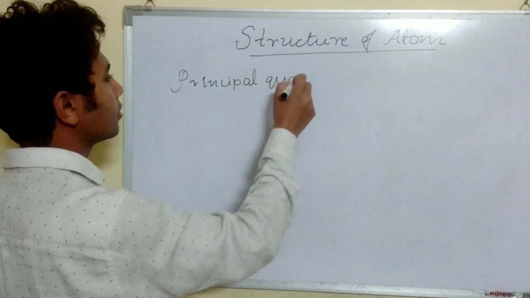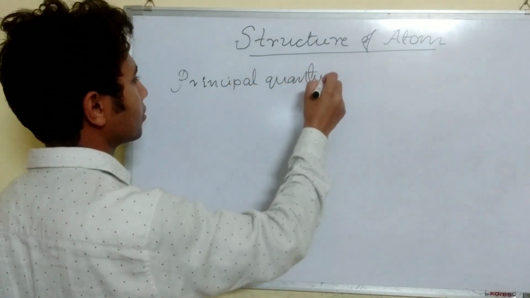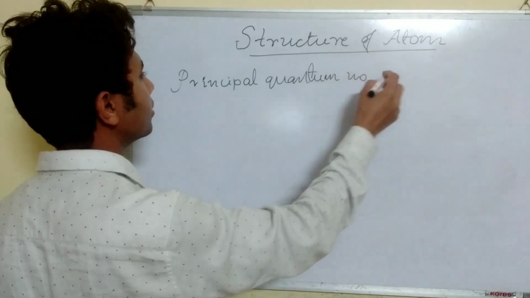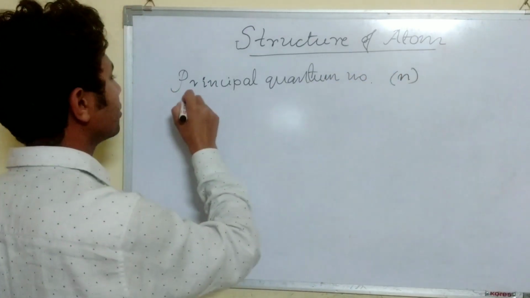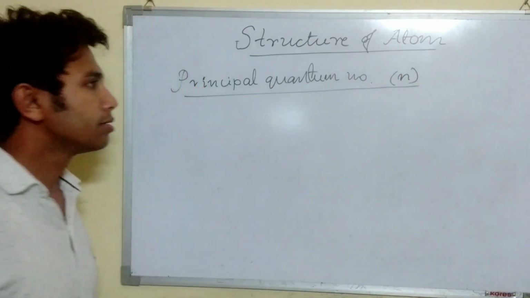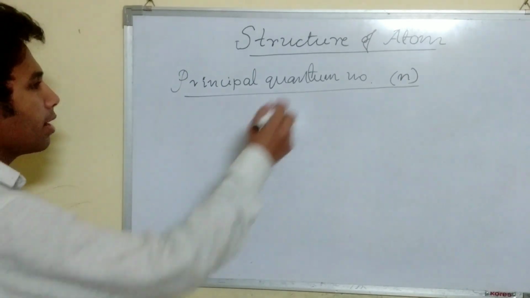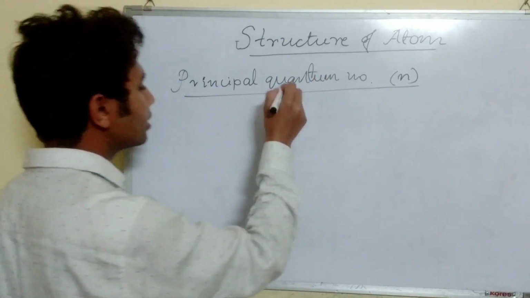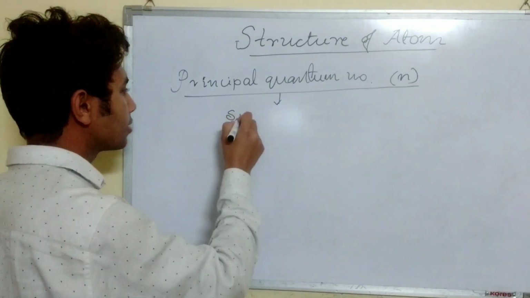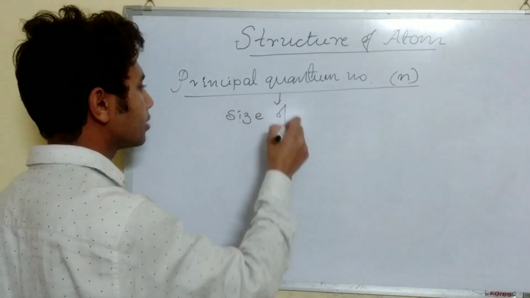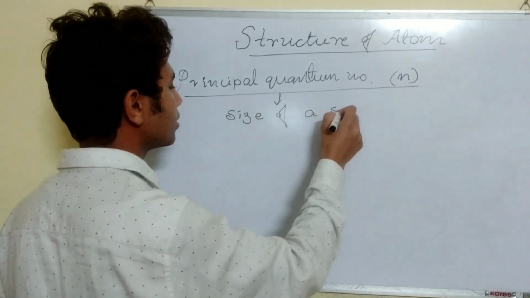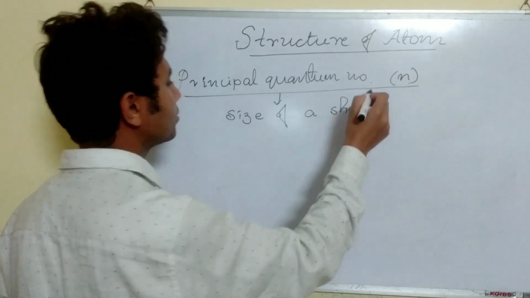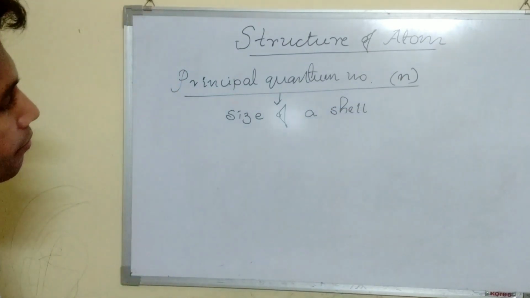Principal quantum number n. This n value actually represents the size of a shell.